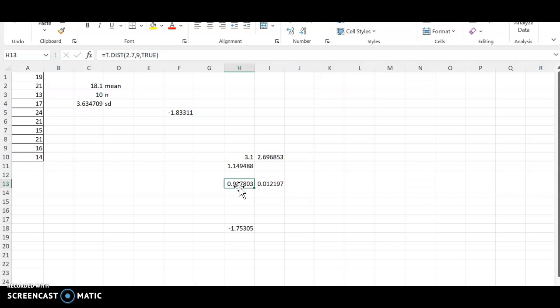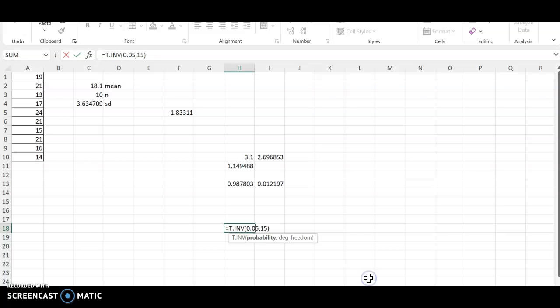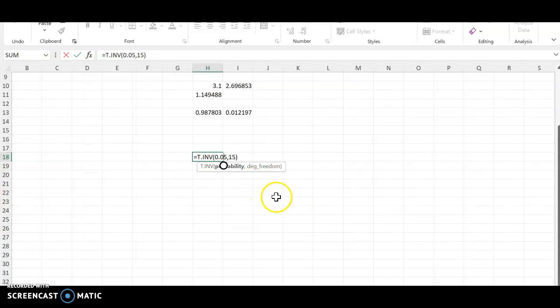So the probability, I believe it was 0.05. Yeah, alpha is 0.05. So to get your critical value, remember it's t.inv.